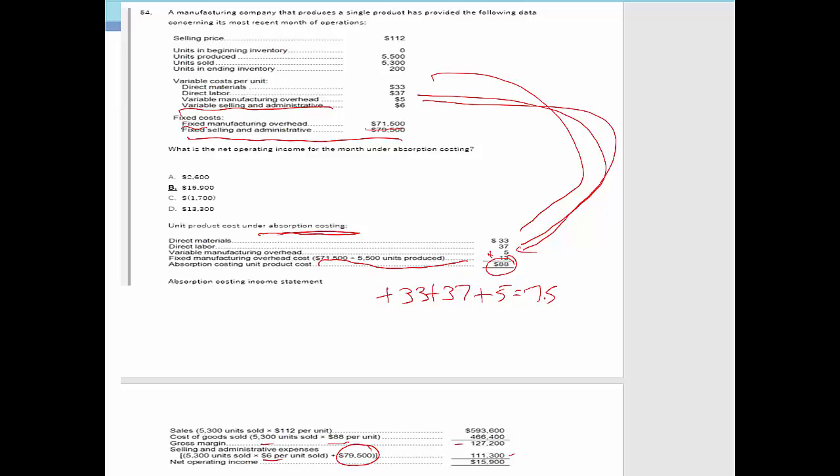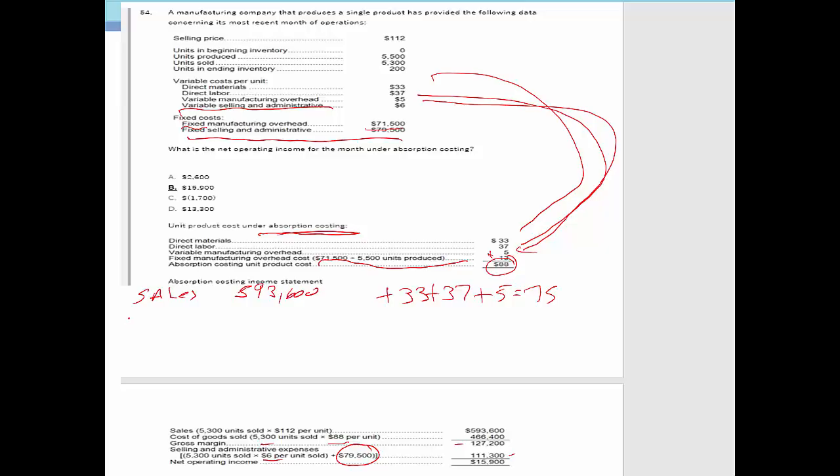So not managing my space very well here. Sales, what else is new, right? Sales is 593,600.